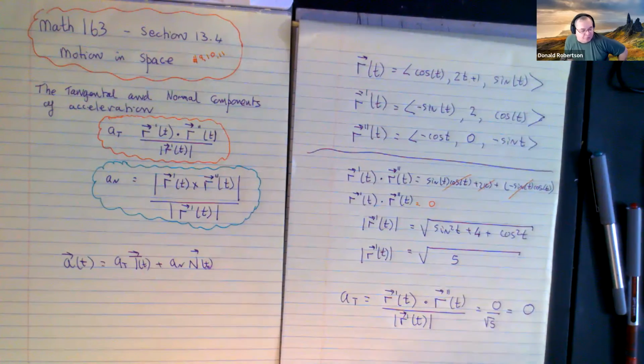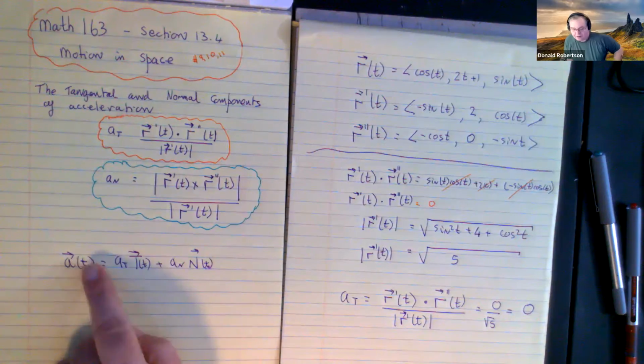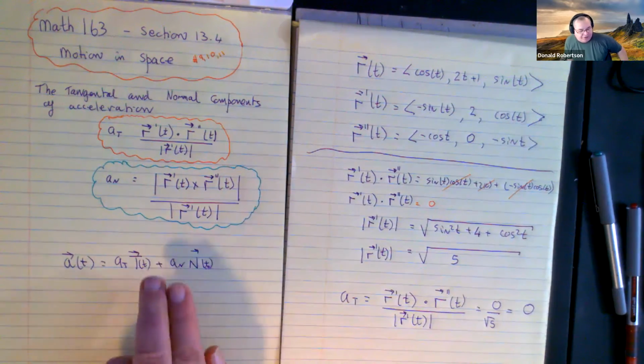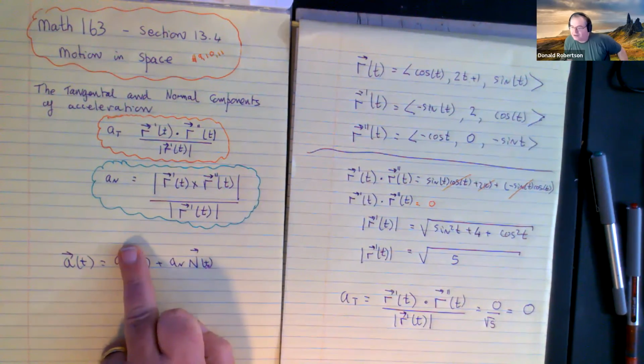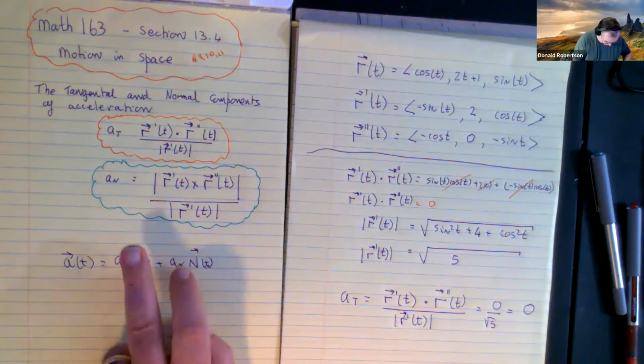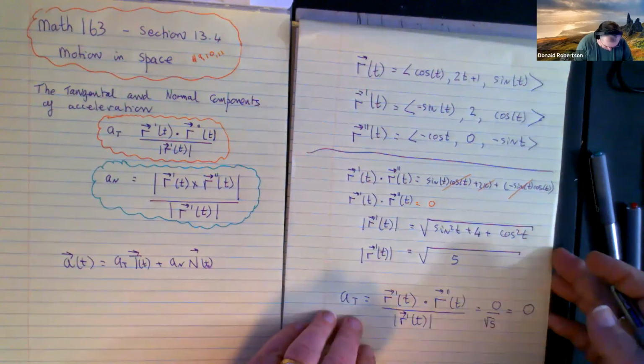So the tangential component of acceleration is actually nothing. That means this piece has no influence on the acceleration vector. I have no idea what that means. I'm not into dynamics and moving objects, but I guess that would be interesting, that only one of the two, i.e. the normal vector, in this particular situation works.